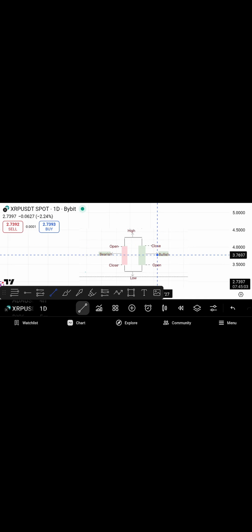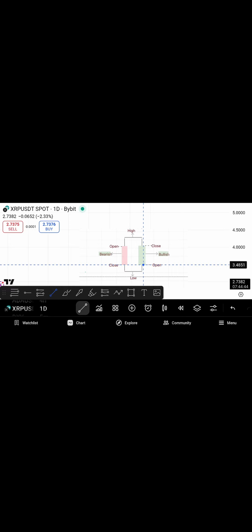So each candlestick opens with a starting point. For bullish, since it's buy, it's going up, right? So it opens from down.